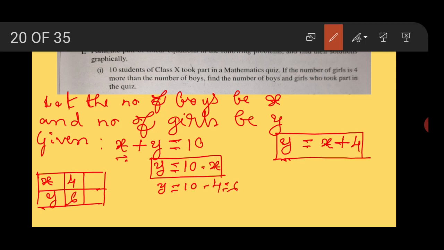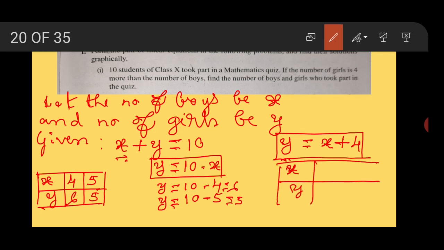So y is equal to 6. You can take the value of x as 5, then what happens? y is equal to 10 minus 5, it is equal to 5. It is enough, or you can take one more value also. Now make the value table for the second equation.